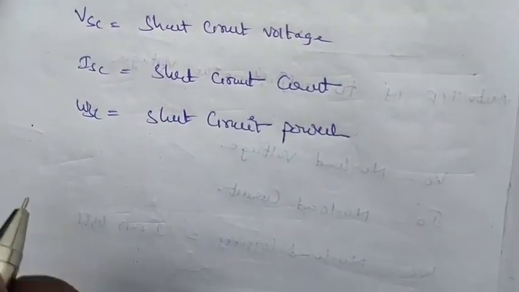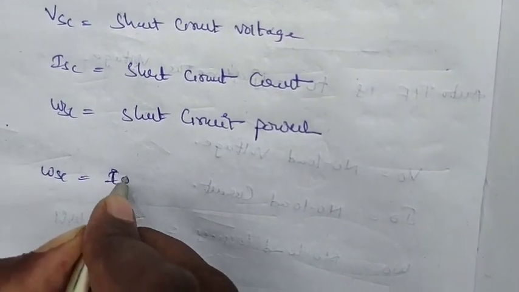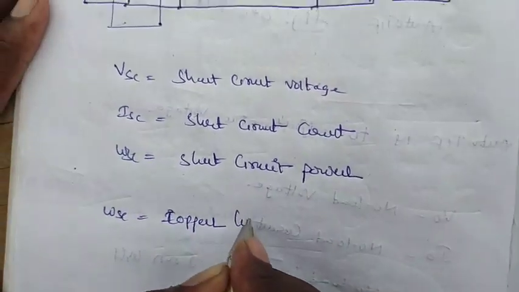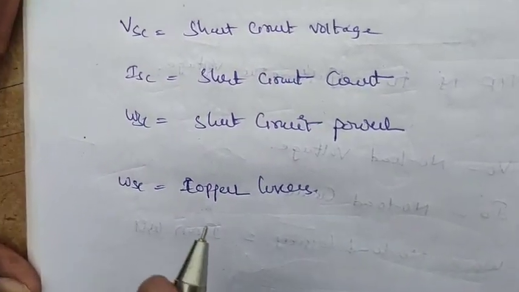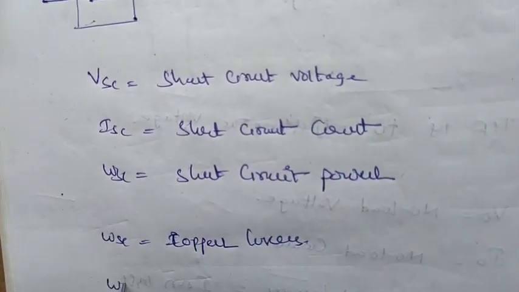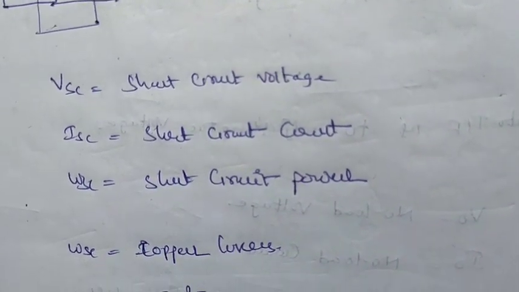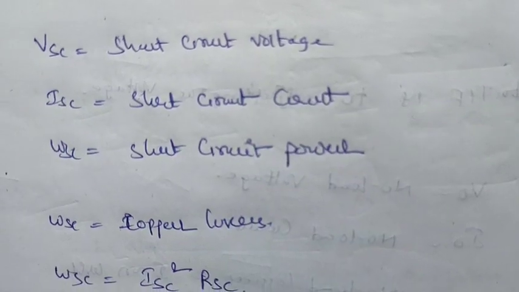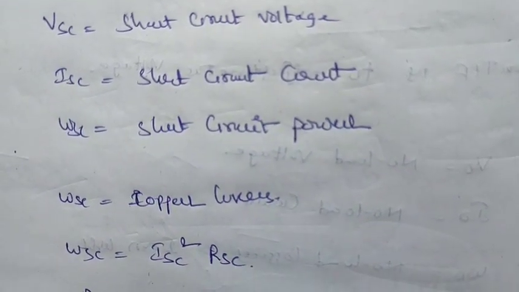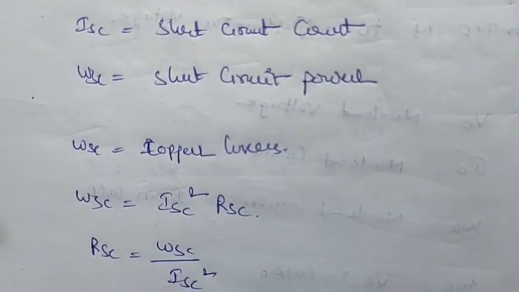From this test we can calculate the copper losses. Wsc equal to Isc square Rsc, so Rsc equal to Wsc by Isc square.